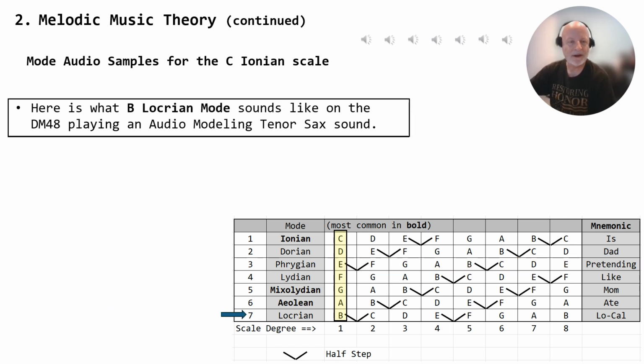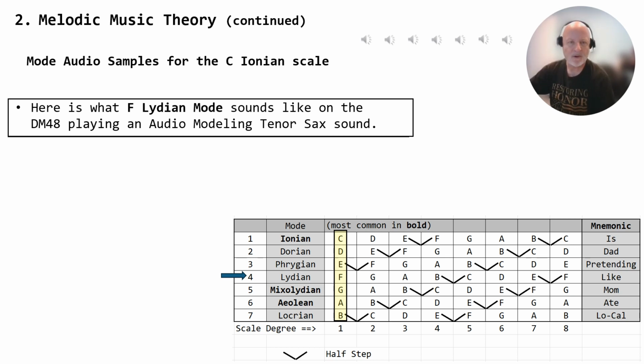Okay, then as expected, we're going to bounce up to mode 7, the Locrian mode, which starts on the note B. All right, then we're going to move down to mode 4, which is Lydian mode.